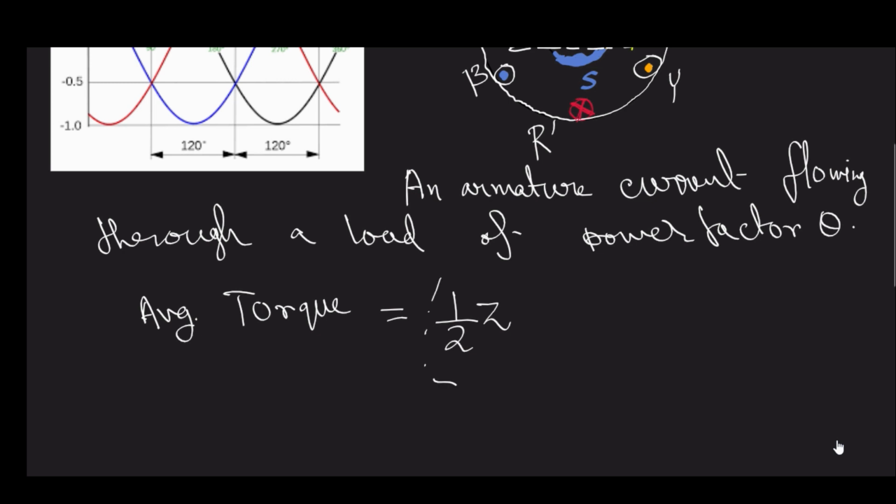Actually this comprises the number of turns and our armature current. L is the axial length of the armature, and R is the radius of the armature.